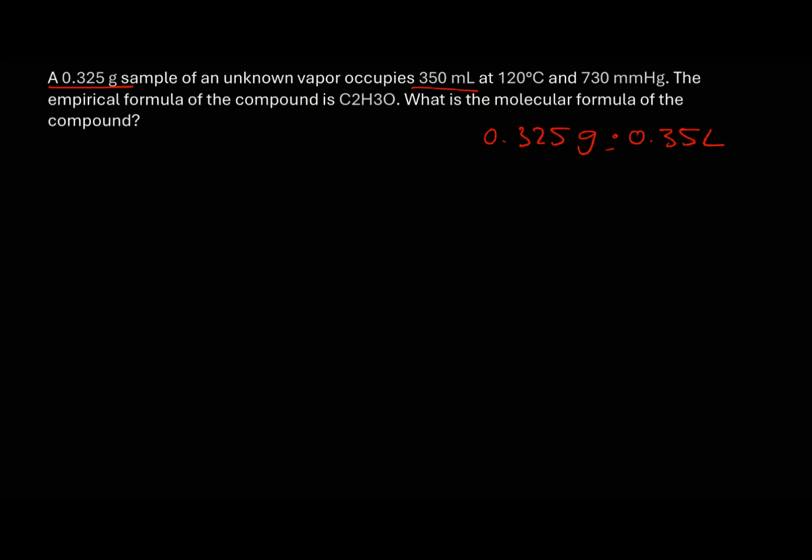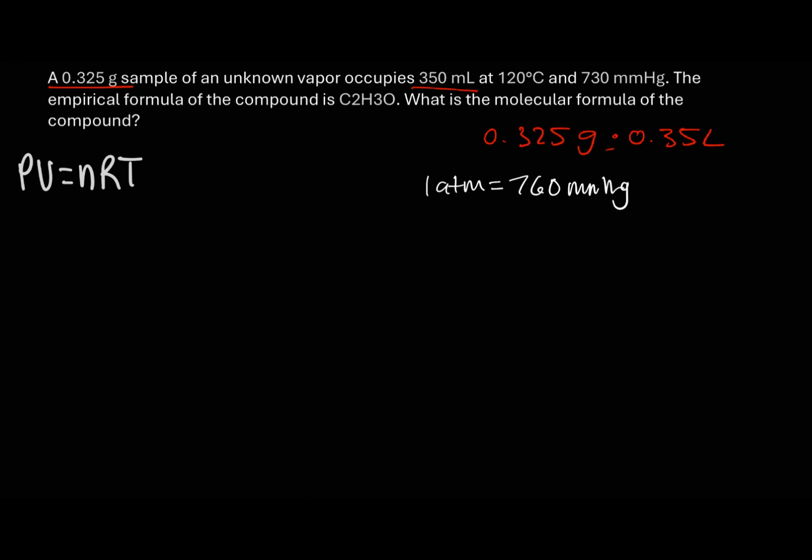Now, since we are going to be using the ideal gas law, PV equals nRT, this is in atmospheres. So we will not be able to use mercury for this, but instead convert millimeters of mercury to atmospheres. We do know that 1 atmosphere equals 760 millimeters of mercury.